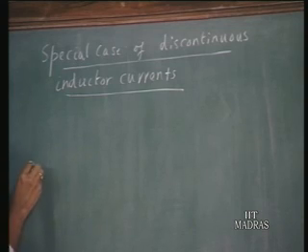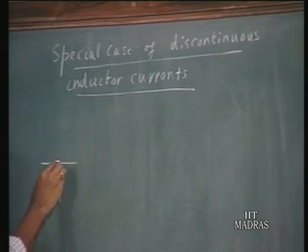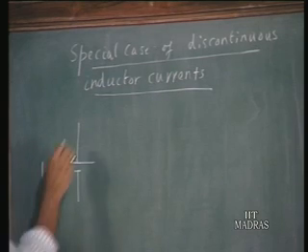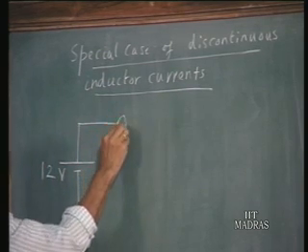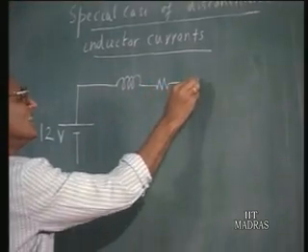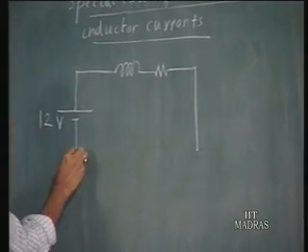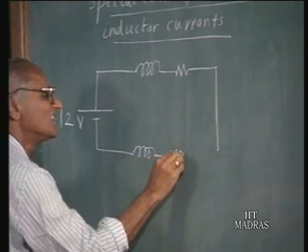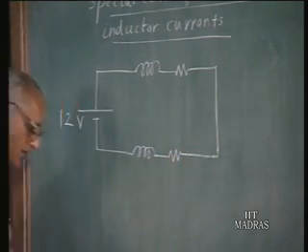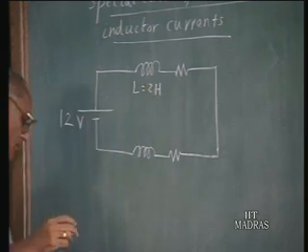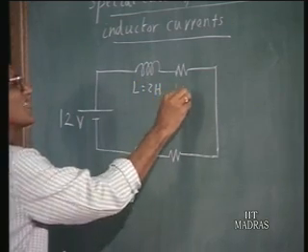Let us take a circuit in which we have a 12 volts DC source connected to a series combination of 2 inductors and 2 resistors.